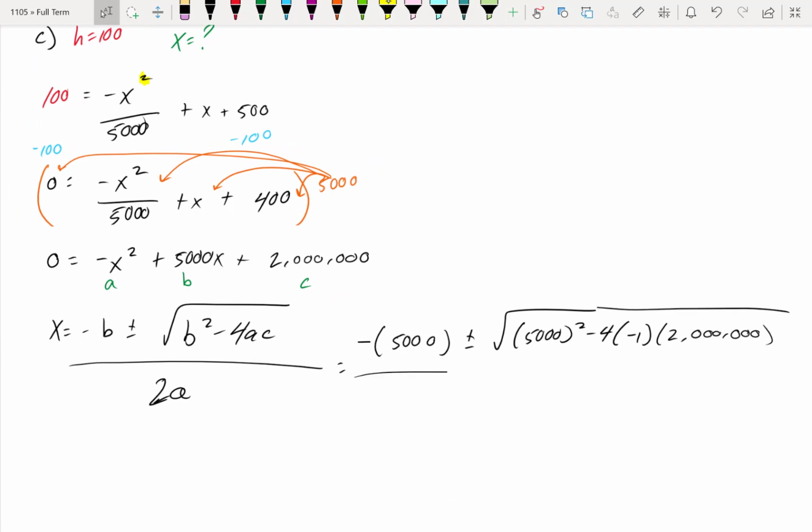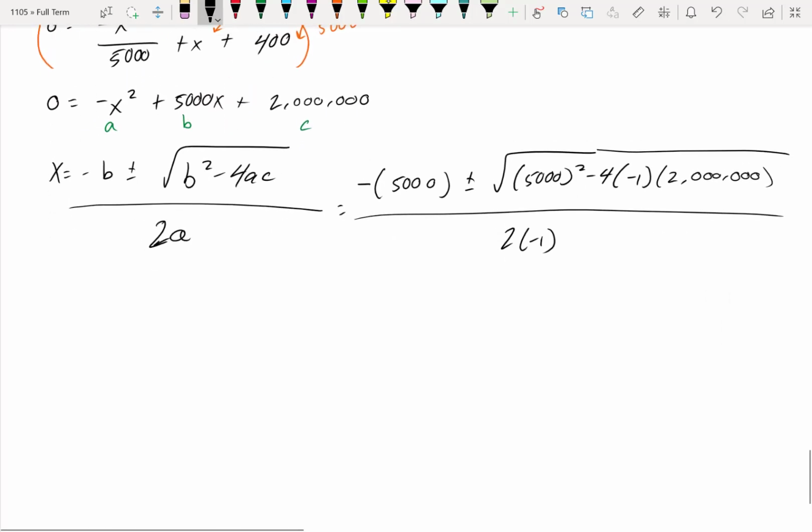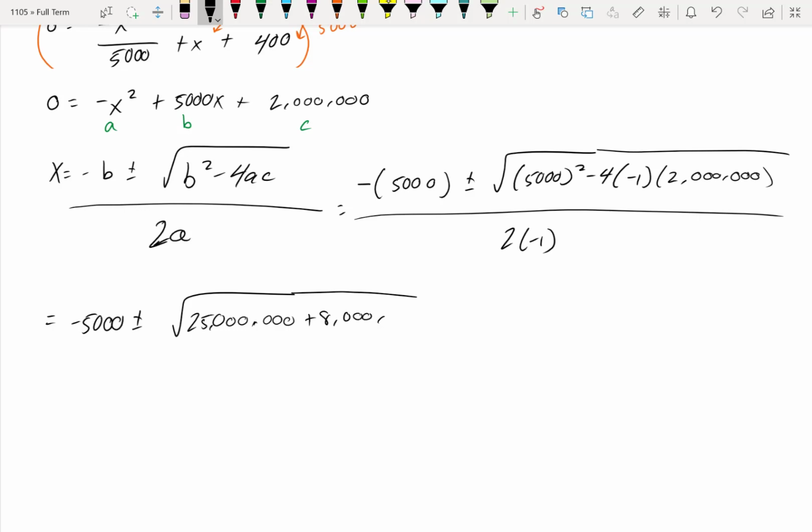And that's all over 2a, which is negative 2. Alright, let's simplify this. We have negative 5,000 plus or minus 5,000 squared, which is 25 million. Negative 4 times negative 1 is positive 4, and positive 4 times 2 million is 8 million. All over negative 2.